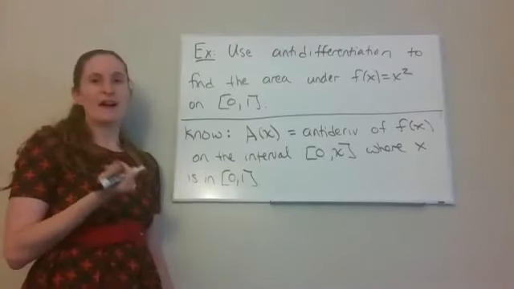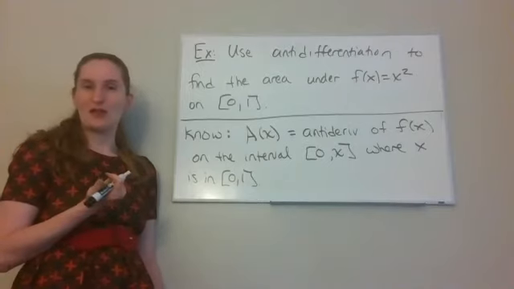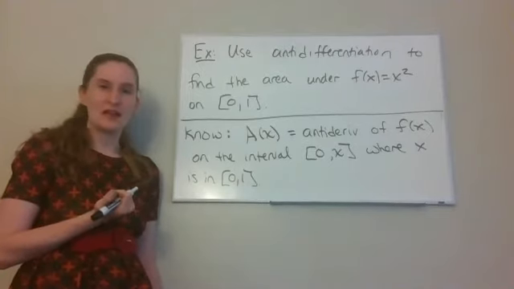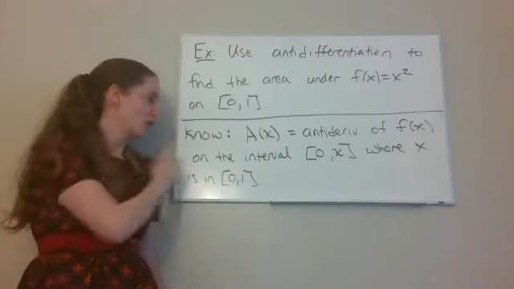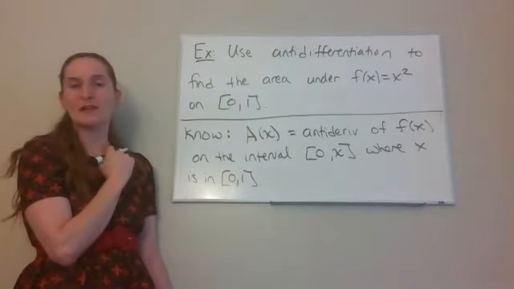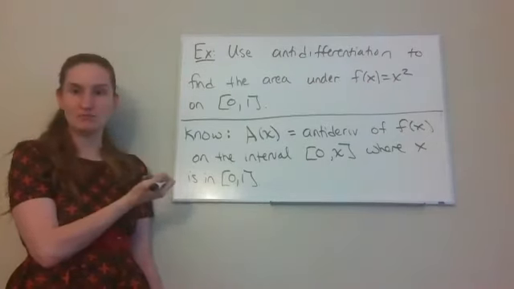So I need to find an antiderivative of my function f of x, and then I'm going to have to plug a 1 into that result to figure out the area from 0 to 1.